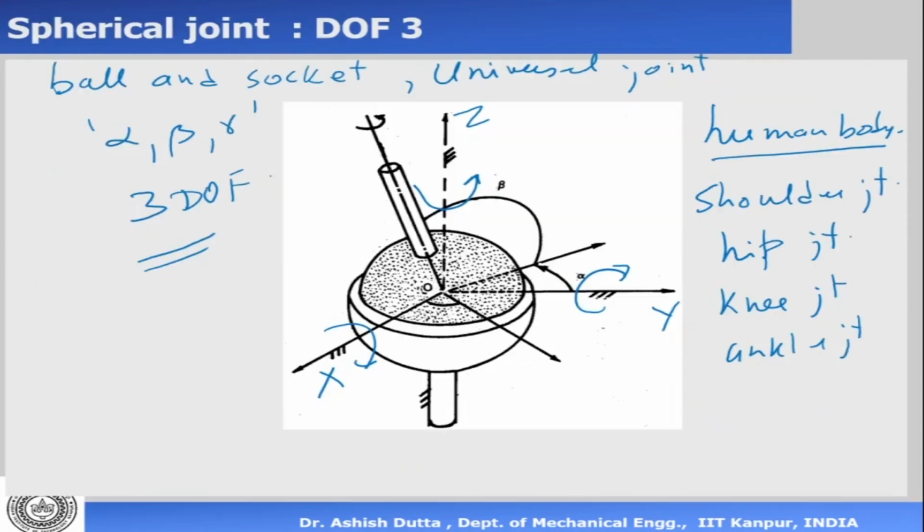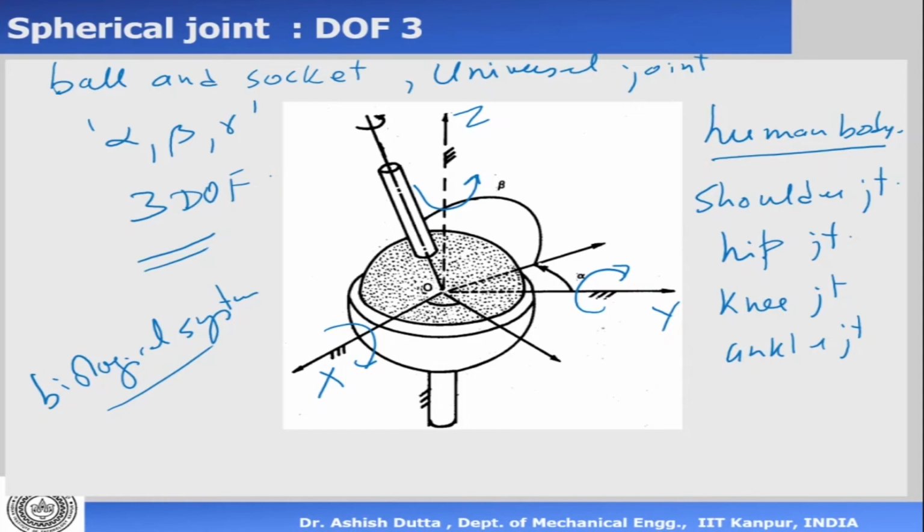Now why is it that biological systems have ball and socket joints, but robotic systems have revolute joints? Why do you think? What is the problem? You might say that manufacturing this is difficult. No, manufacturing is not difficult. It can be made very easily these days.